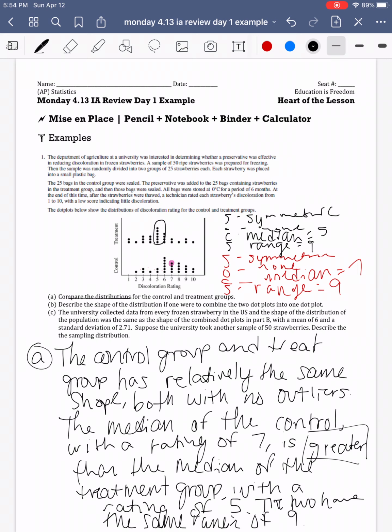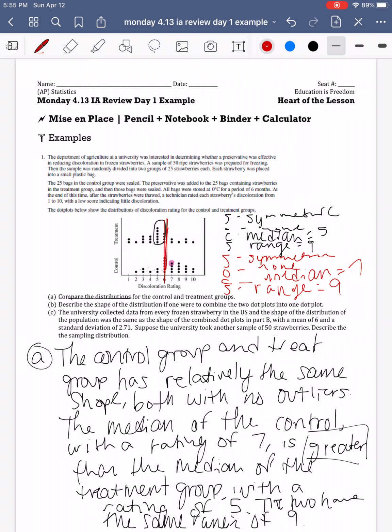Okay, so we see that the median for the treatment group is less than. We already described that. So if I were to add all of these dots on top of each other, we would see that the highest points here would most likely be around the 6 mark.